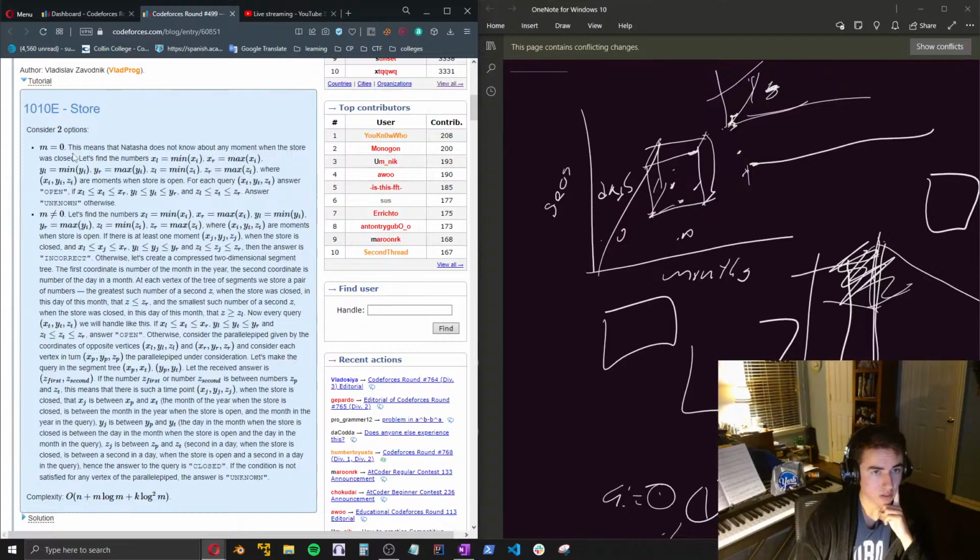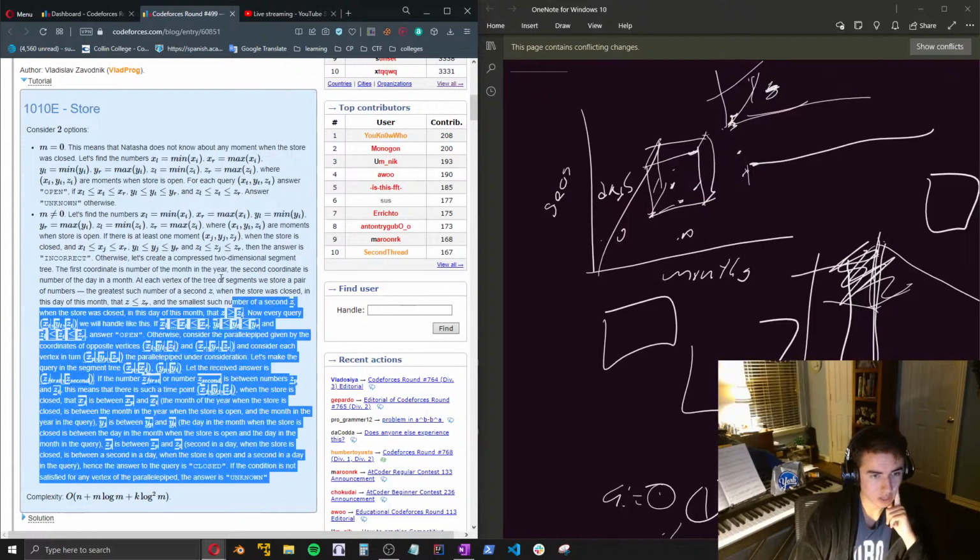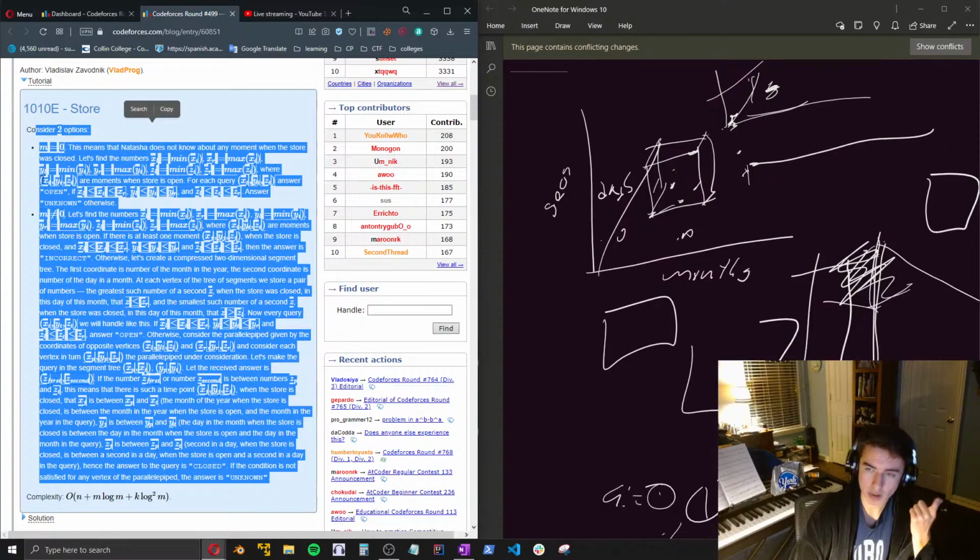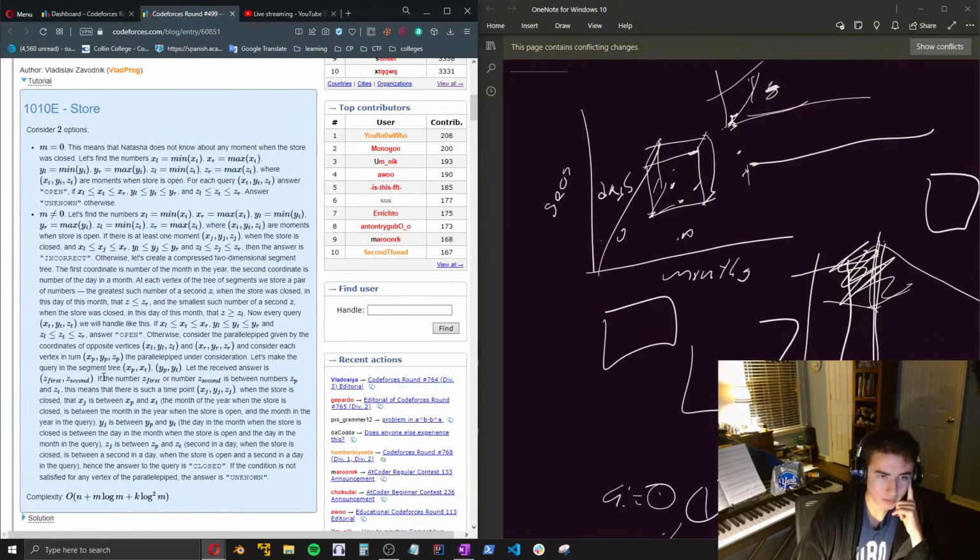M equals 0. Two-dimensional segment tree. Oh wait, they're just using a 2D segment tree and setting a range equal to 1. Duh, that's easier. And then query the point.